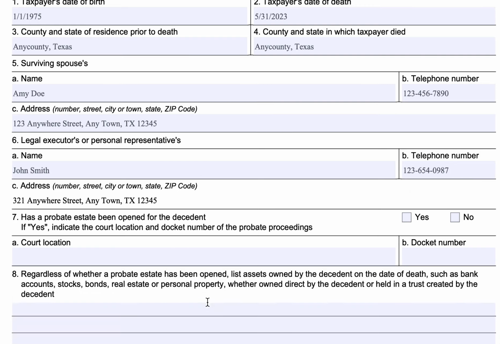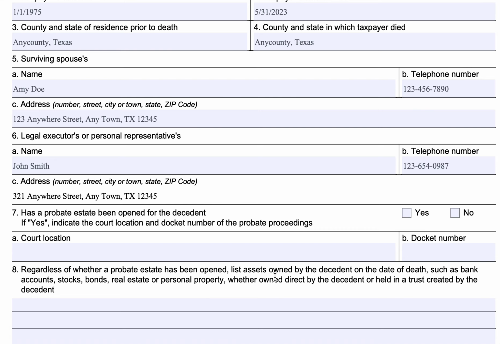Now, question 7 just asks whether or not a probate estate has been opened for the decedent, or if it has not. So if yes, then you would put in the docket court location, any county, Texas, and then whatever the docket number is. I'll just put 1.